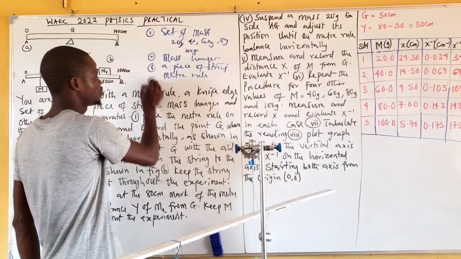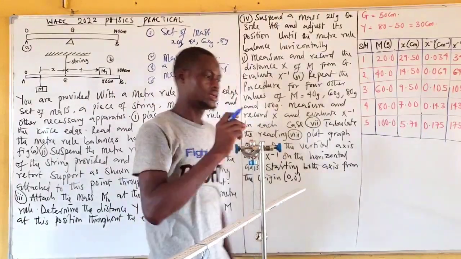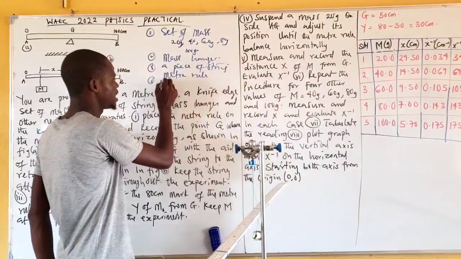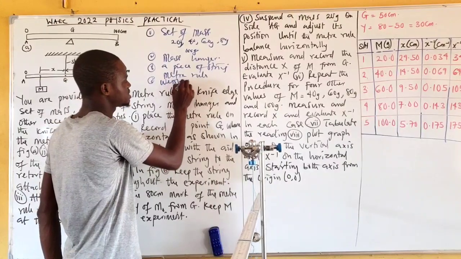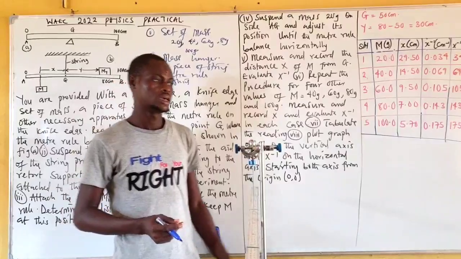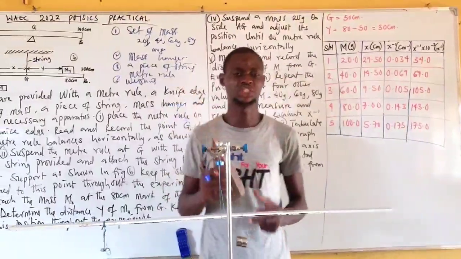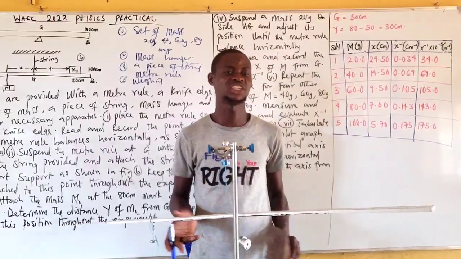And number five, we have to provide a weighing balance. Then the sixth thing we have to provide is the knife edge.